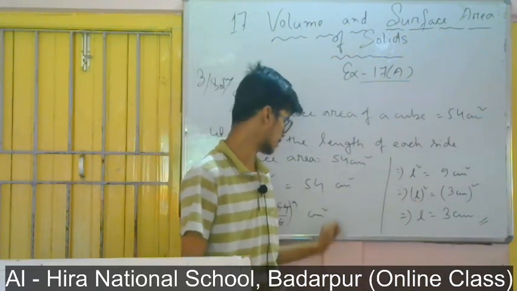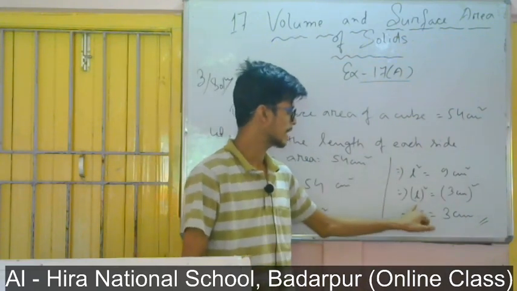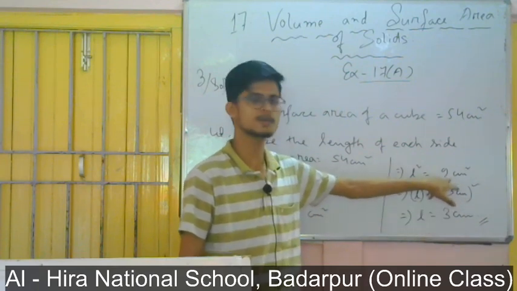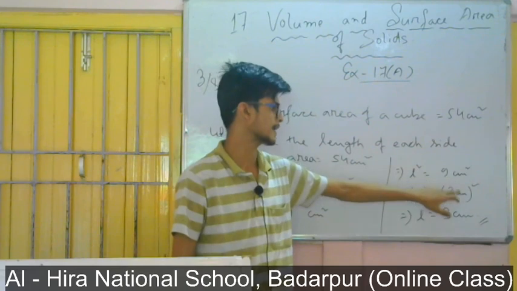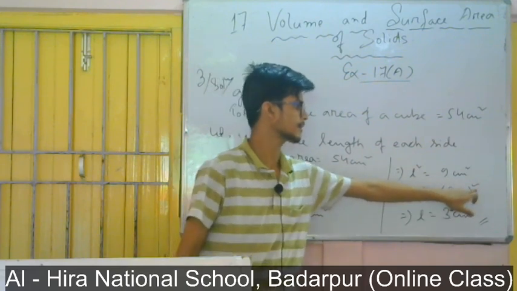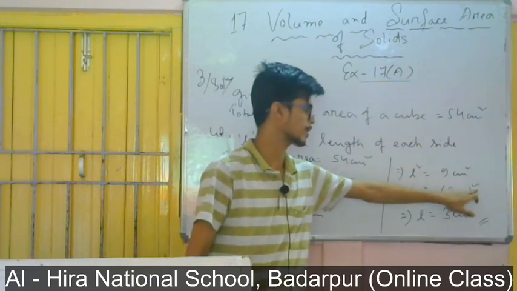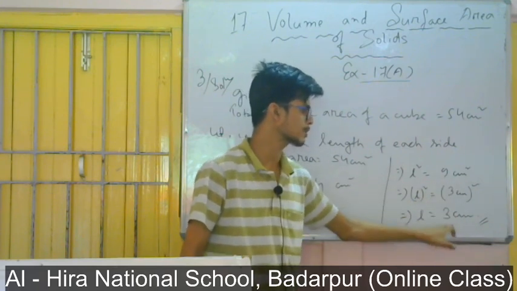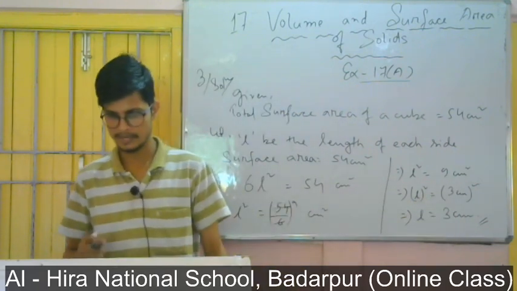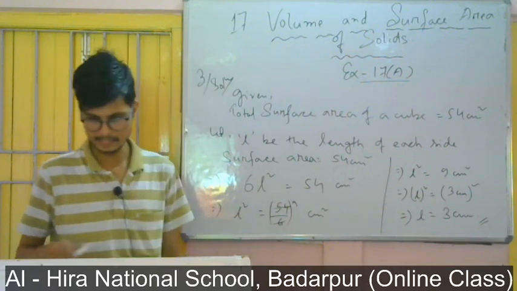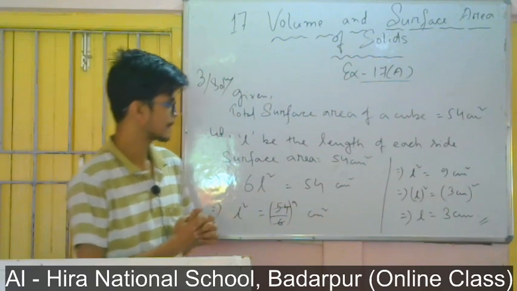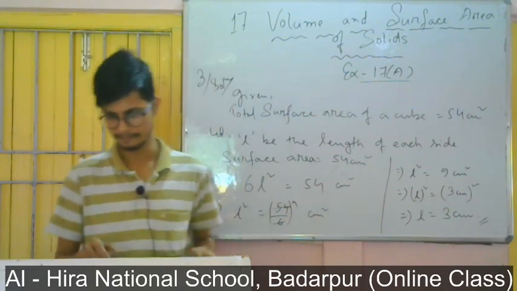Here I have written L square equals 9 cm square, and we know the square of 3 is 9. The unit cm also has the power square, that means the square cancels. So L equals 3 centimeter. Therefore, the length of its side is 3 centimeter. Last line you give like this.